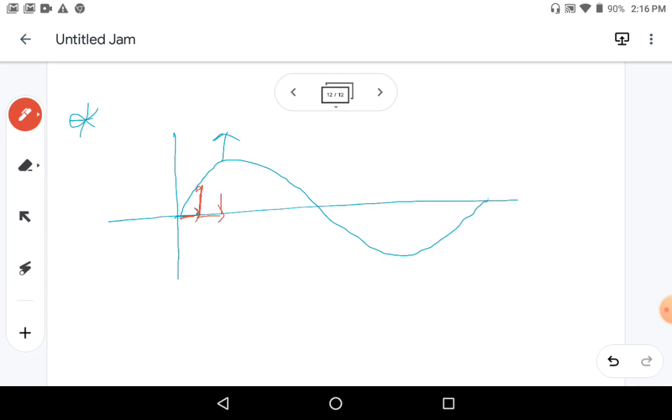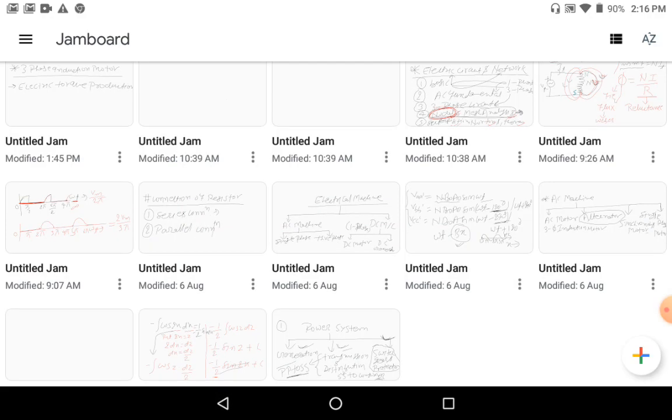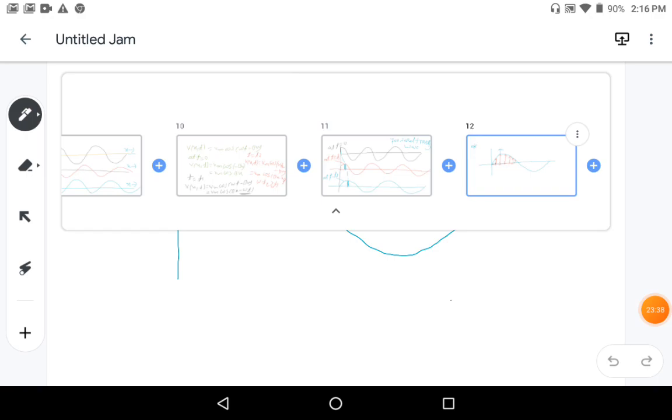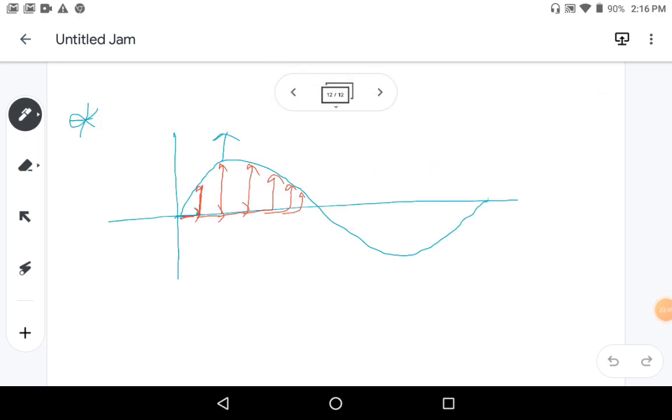Each and every point, here or here, then we can say that omega t minus beta x equals k.